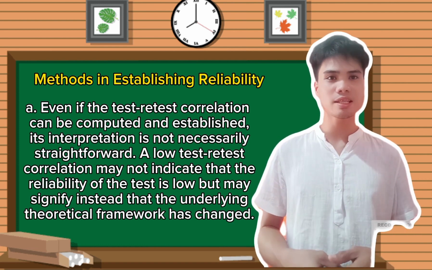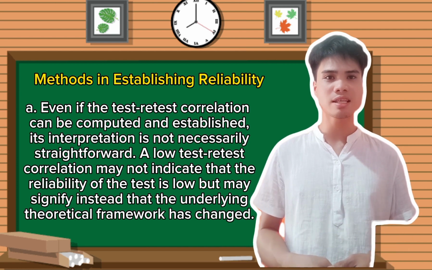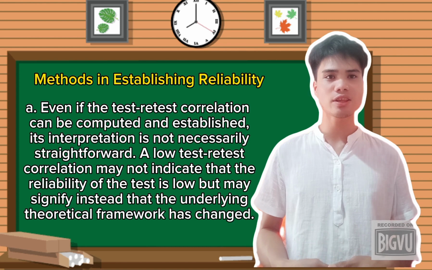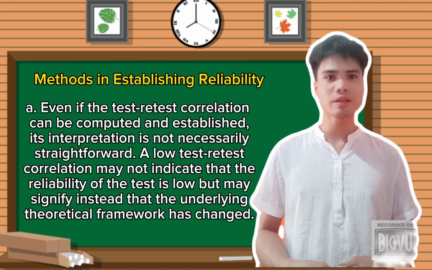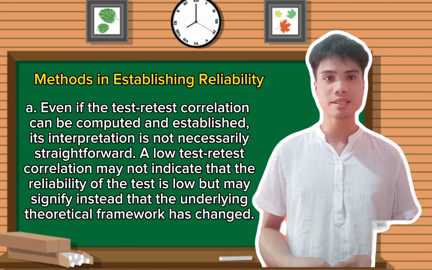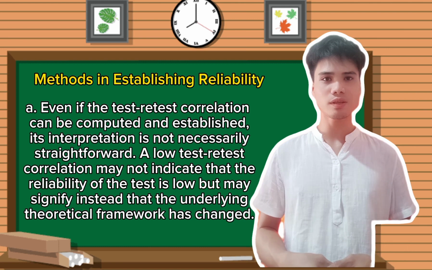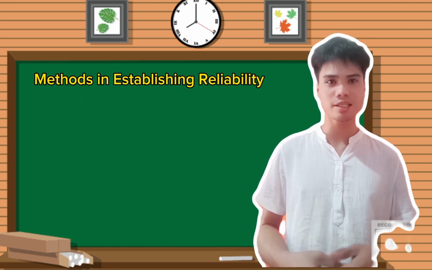A low test-retest correlation may not indicate that the reliability of the test is low, but may signify instead that the underlying theoretical framework has changed. The longer the time interval between measurements, the more likely that the concept has changed. So, this problem is about interpretation challenges.